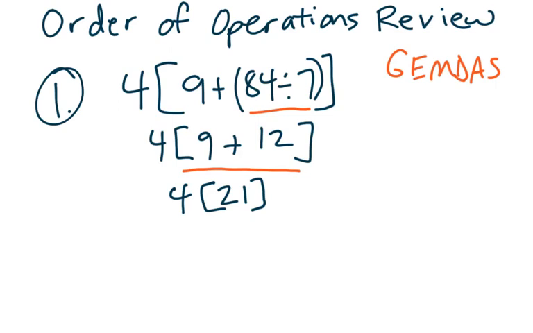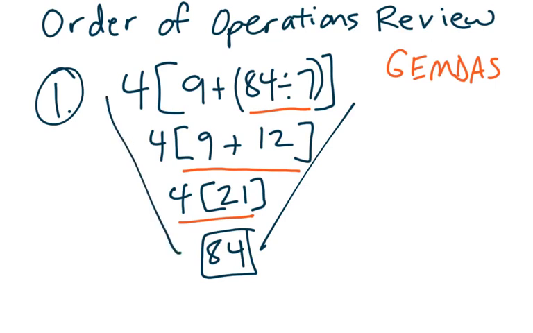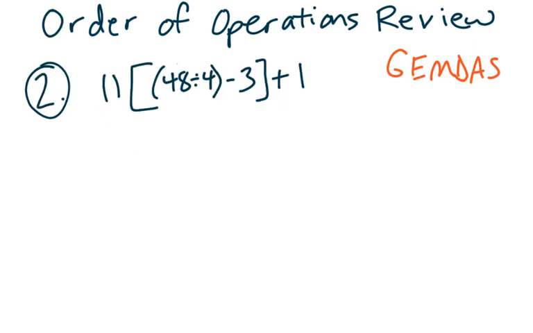And 4 times 21, boys and girls, is 84. So we would go ahead and just underline that. And we're going to multiply that, and that is, of course, 84. So our final answer is going to be 84. And do remember, boys and girls, it does kind of make like a triangle. Okay? All right, and so that is our first review problem.